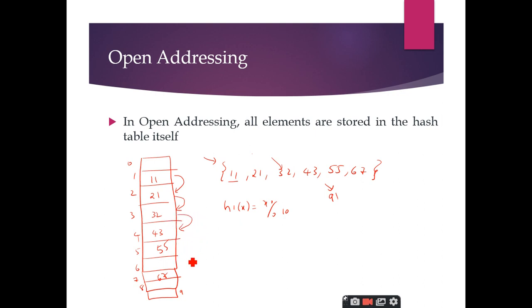Go to the next, 55 is already occupied. And here I get an empty space to store 91. Right, this is how linear probing works. Whenever you get a collision, you just probe the next location until you get a vacant one. That is called linear probing. Simple, right?